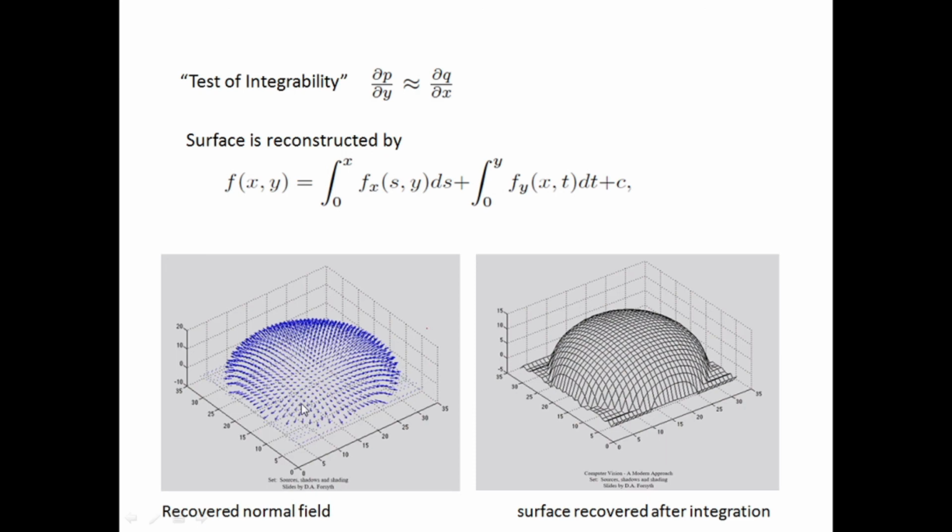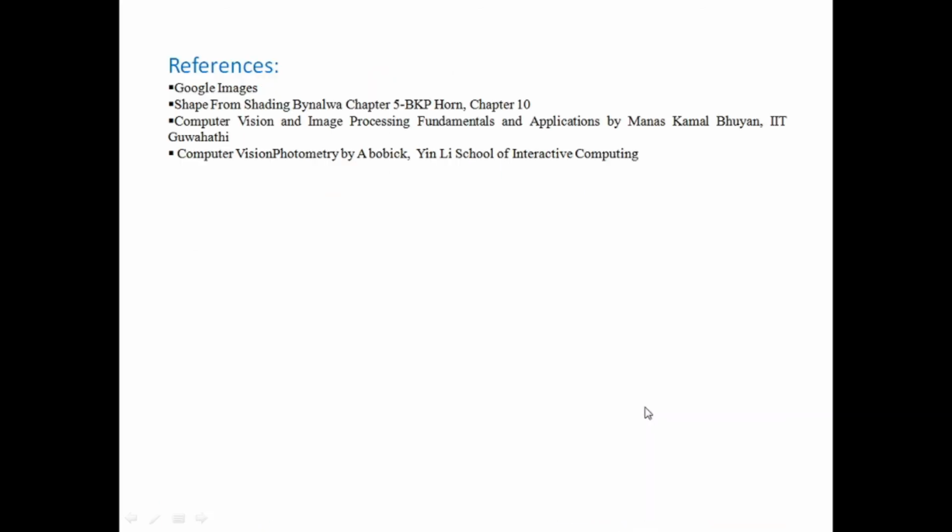So I have found the surface normals like this. Once I have the recovered normal field, I can trace out the 3D shape of the object. So this is the surface recovered after the integration.